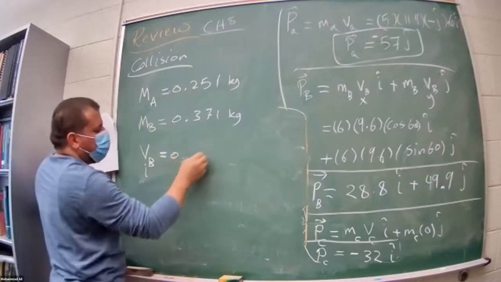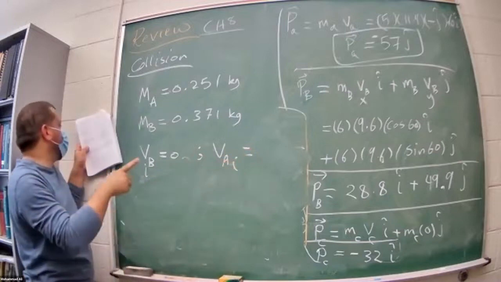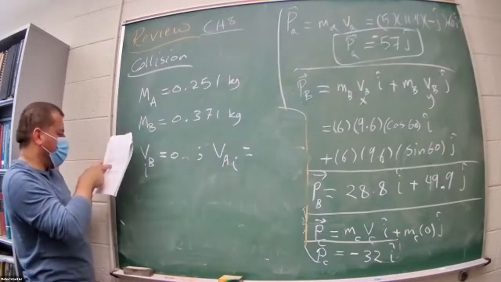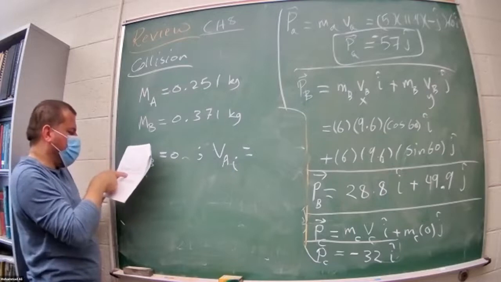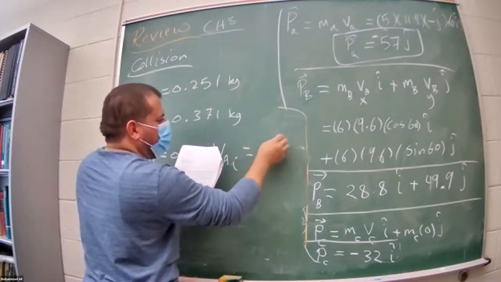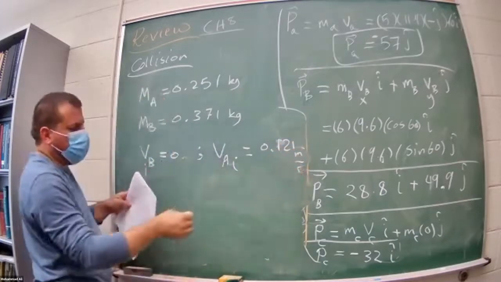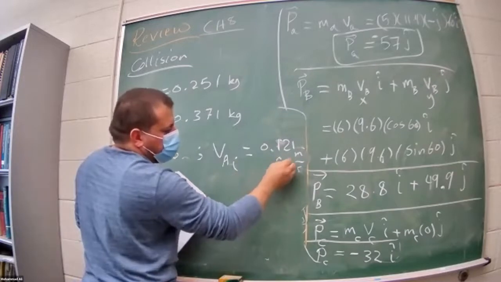And VA initially is equal to 0.121 meter per second, to the left in the negative i direction.